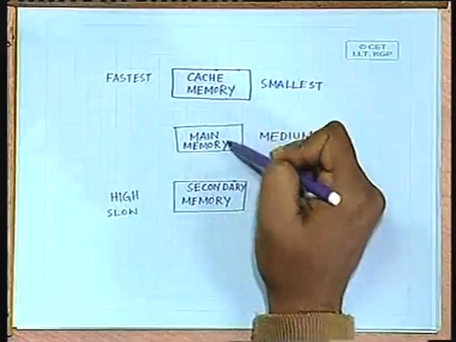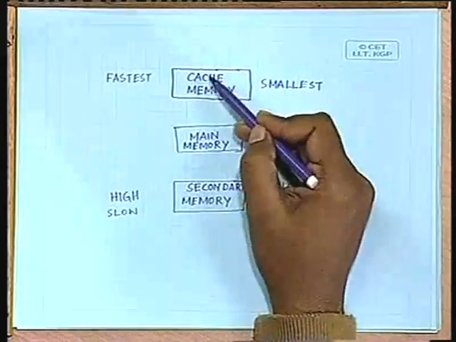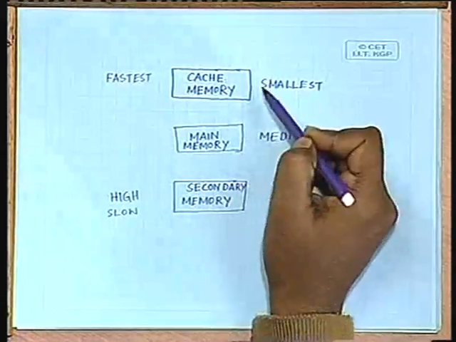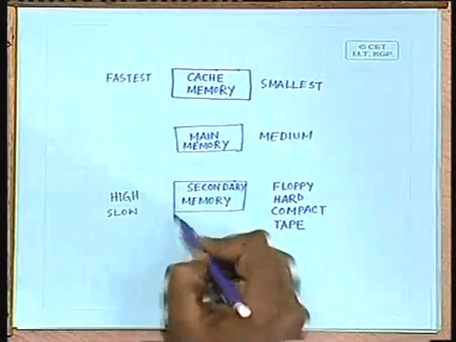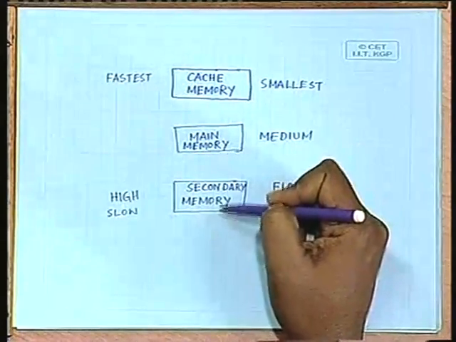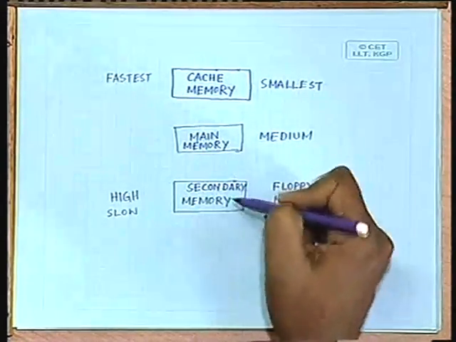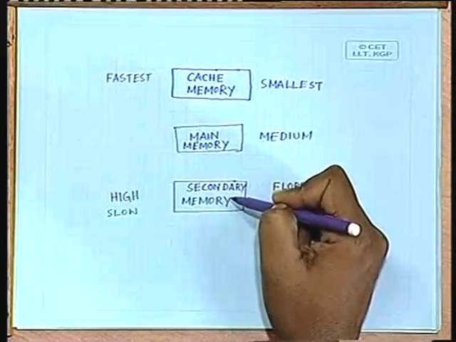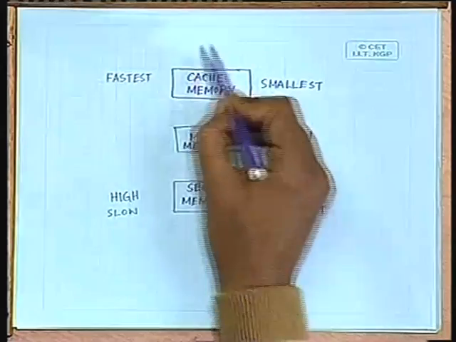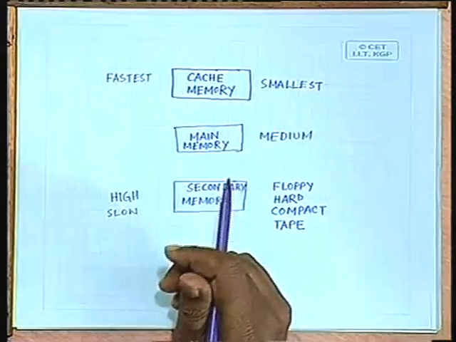So, from these memories the data can be accessed as well as the data can be written byte by byte, whereas for secondary memory the data has to be accessed or written in the form of a block. The data from the secondary memory cannot be accessed byte by byte or character by character. So, this is about the memory hierarchy.